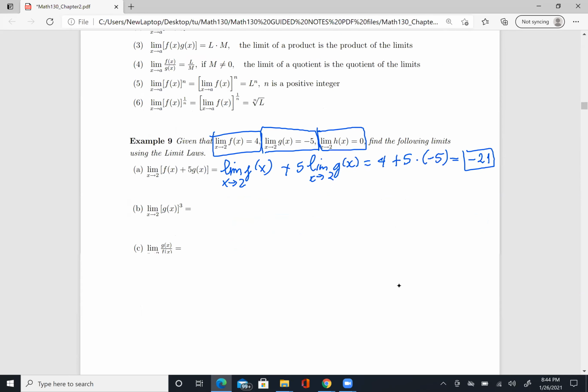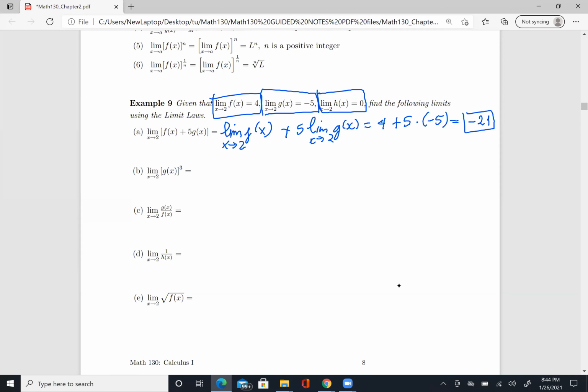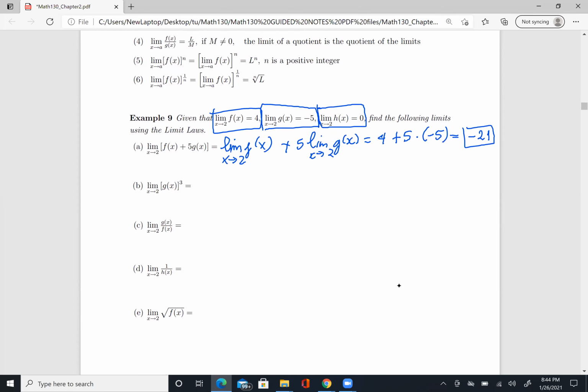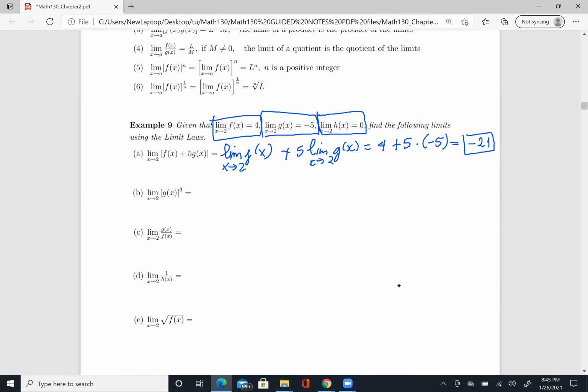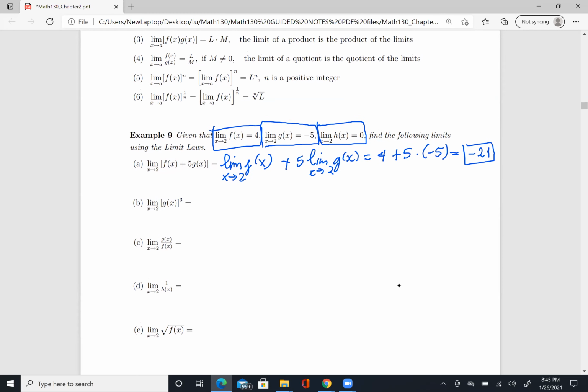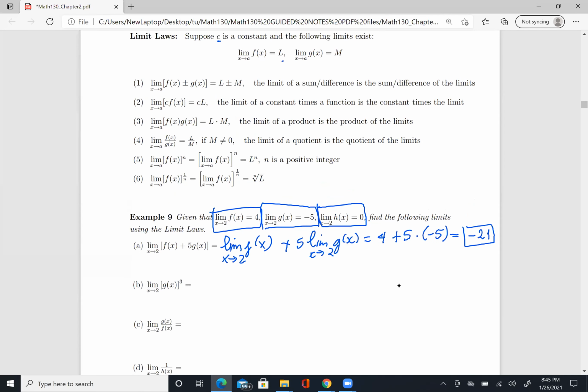Let me move up. So problem B, the limit of g(x) to the power 3. I would like to apply number 5 over here. I'm going to have parenthesis, the limit of g(x) when x goes to 2, close parenthesis, to the power 3.